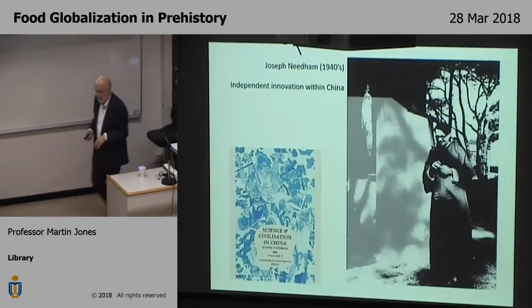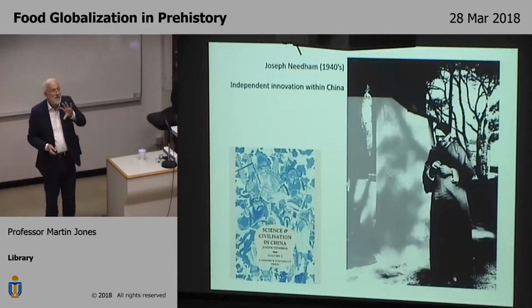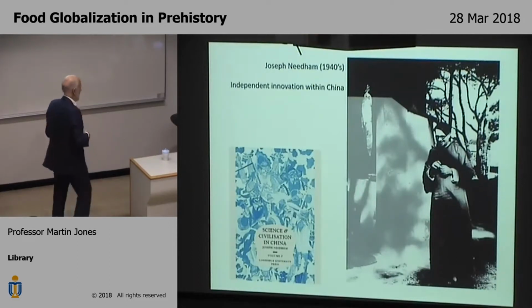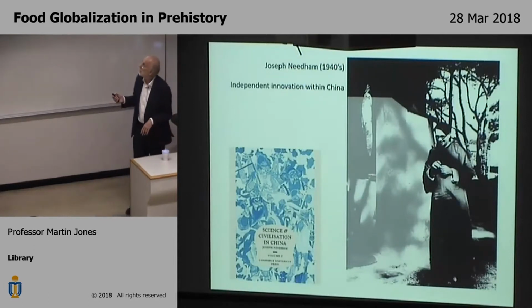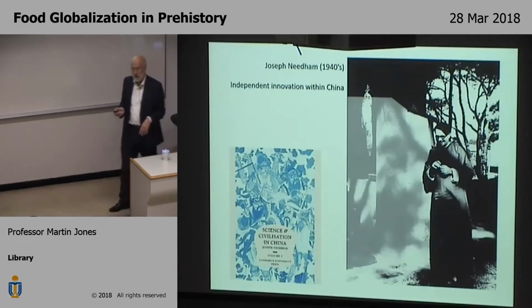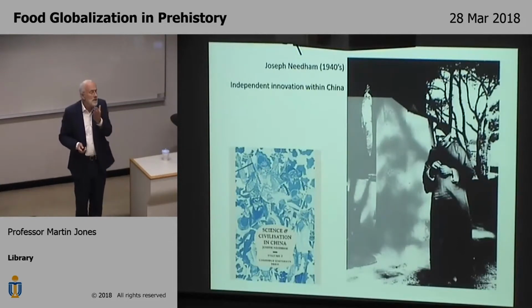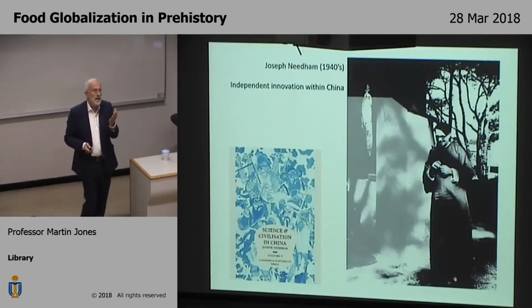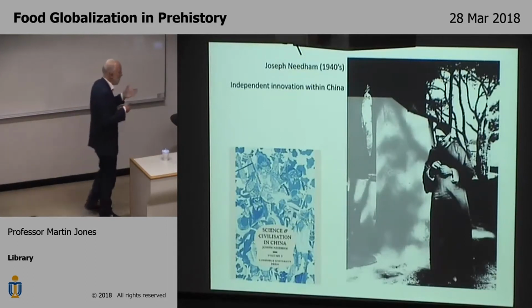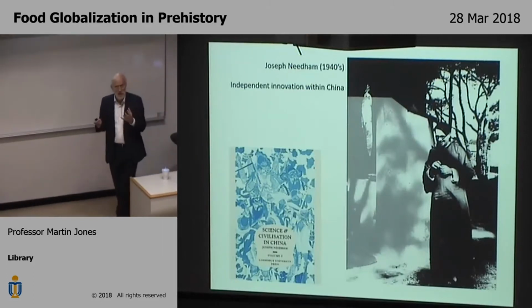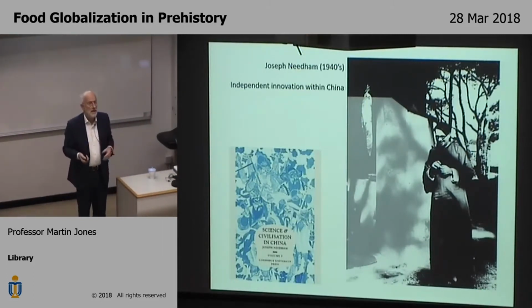Now, the figure who turned that around was Joseph Needham, who we can see up here on the right, who wrote this whole series of volumes on science and civilization in China, and came out here in the 1940s. He was very interested in what he saw in China about developments that you couldn't explain in this way, and forms of technology and so forth, where it's best explained that the East had their own indigenous story.